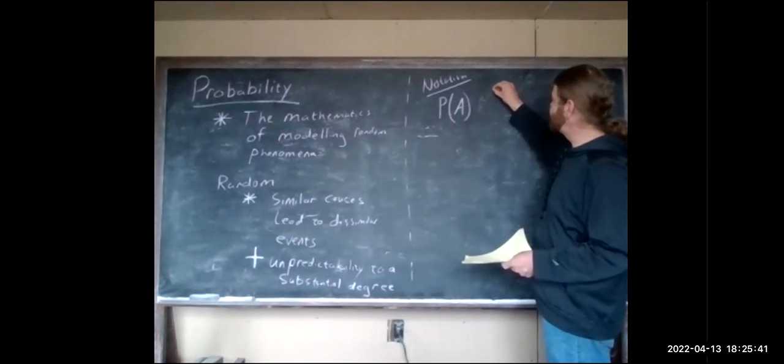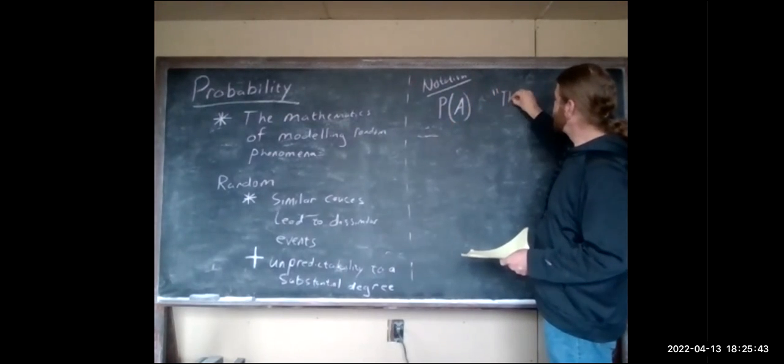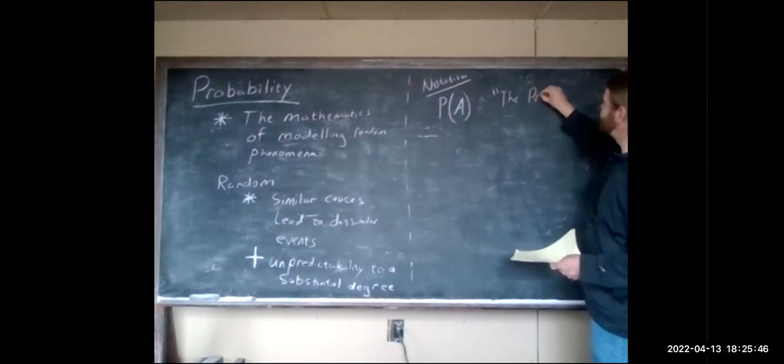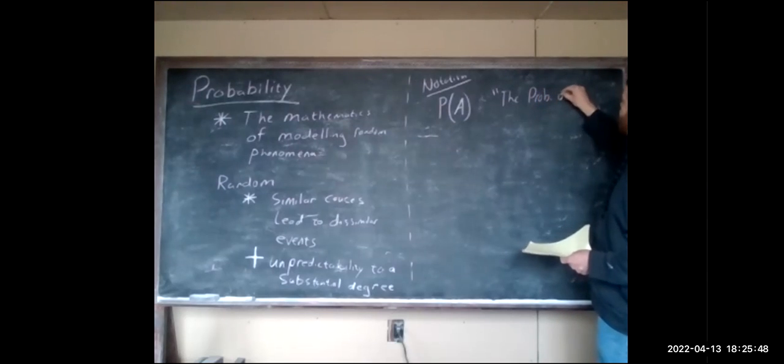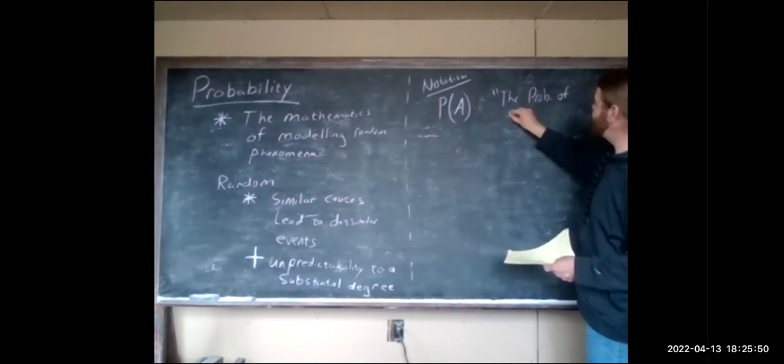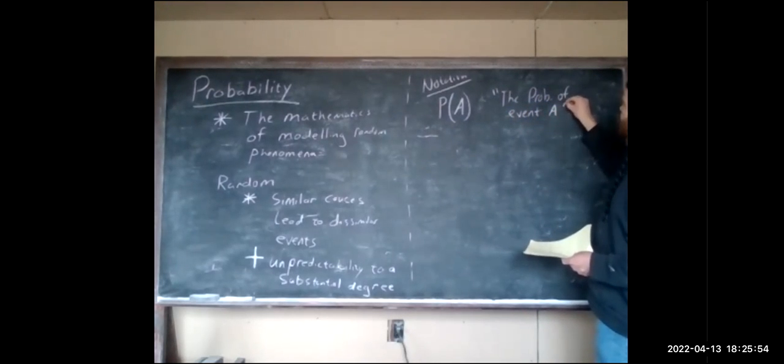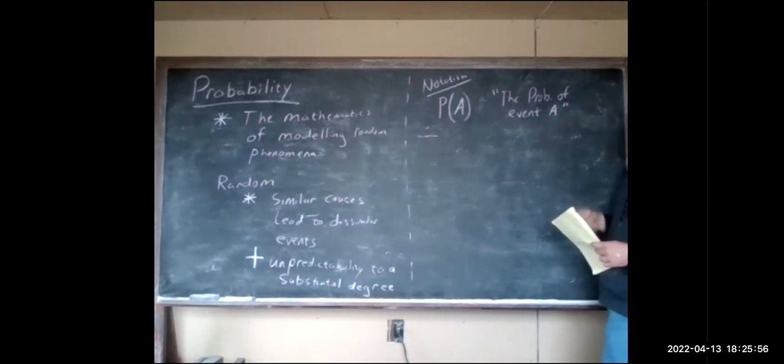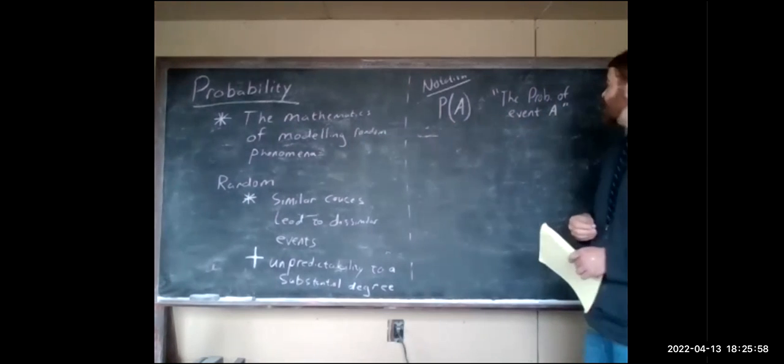So we would read this as the probability of event A happening or occurring, or whatever finishes that sentence out.